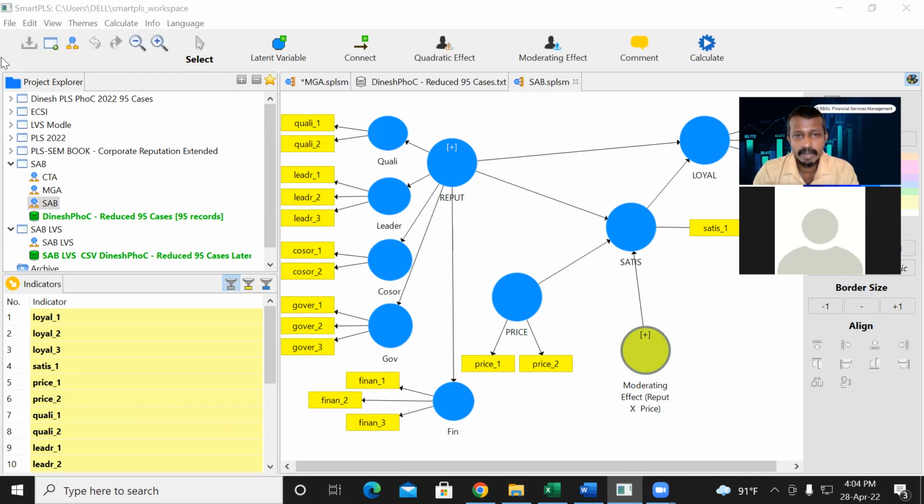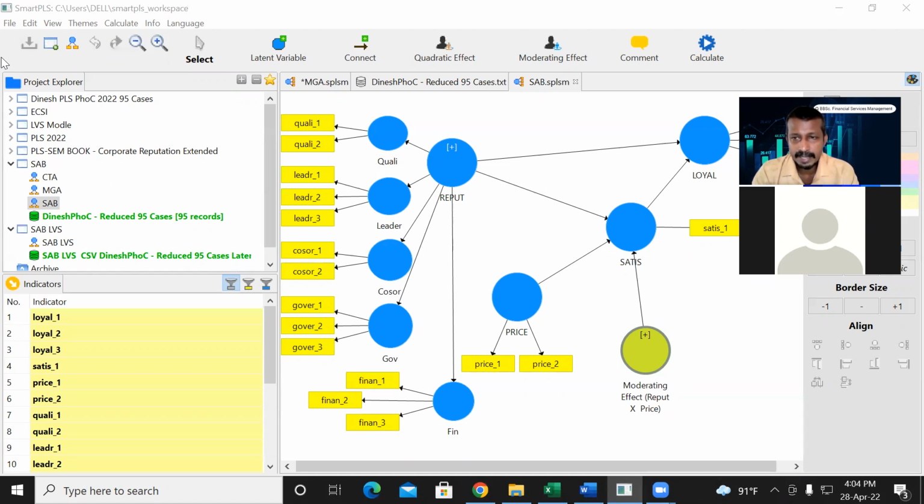Last 2 sessions, we were talking about how to draw the model, basics in developing the graph or the map in PLS. Then we talked about the measurement model first, which you know as the outer model or the external model, different terms we use. We also talked about how to assess the measurement model.